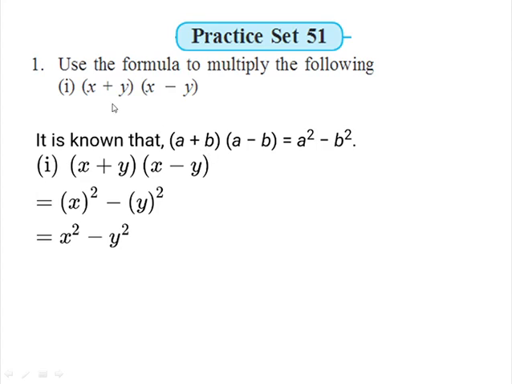So we will apply the formula (a plus b)(a minus b) is equal to a square minus b square. Now first term square, that is x square, minus y square. Here x whole square is x square, y whole square is y square. Hence the expansion of (x plus y)(x minus y) is x square minus y square.